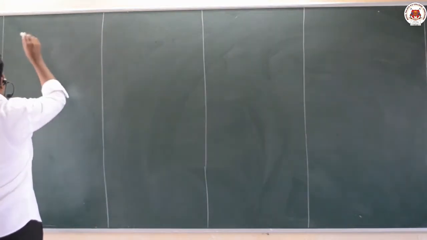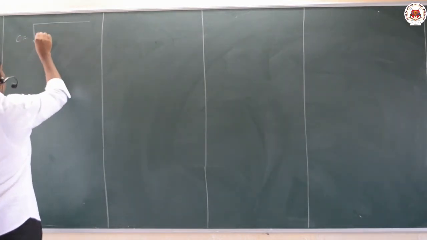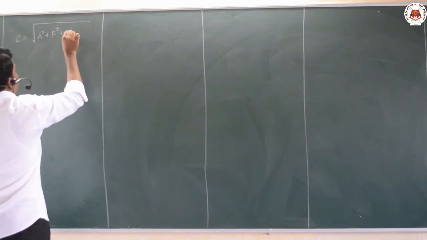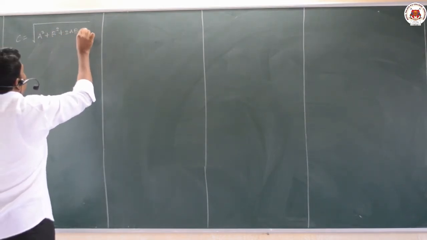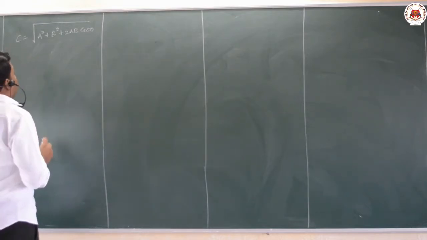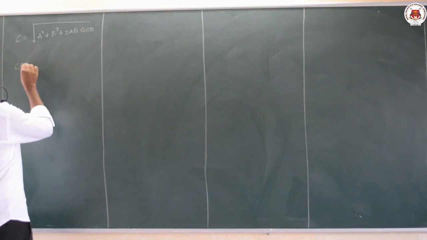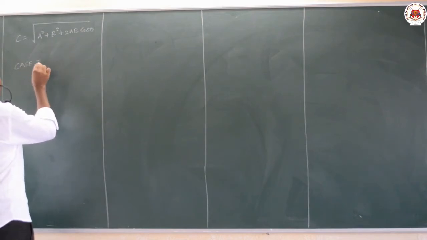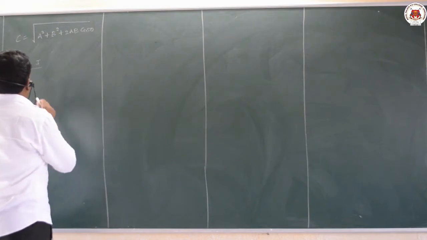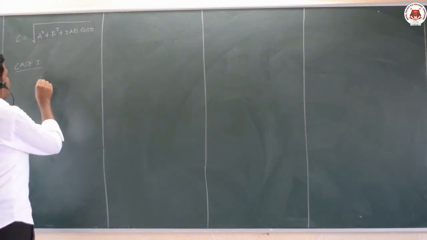So yesterday we got one formula, C is equal to under root of a square plus b square plus 2ab cos theta. Now if we take some cases, case 1: suppose theta is equal to 0.